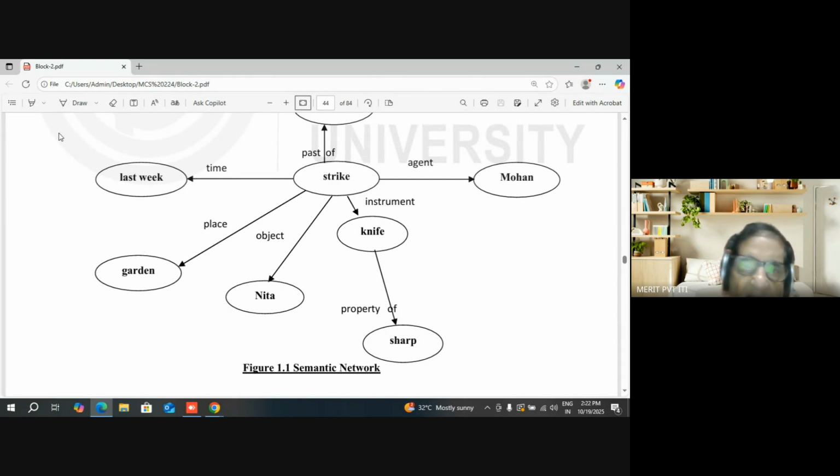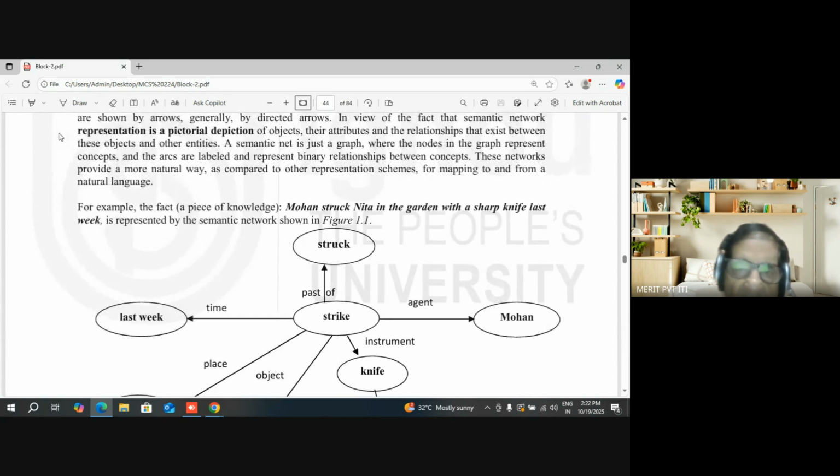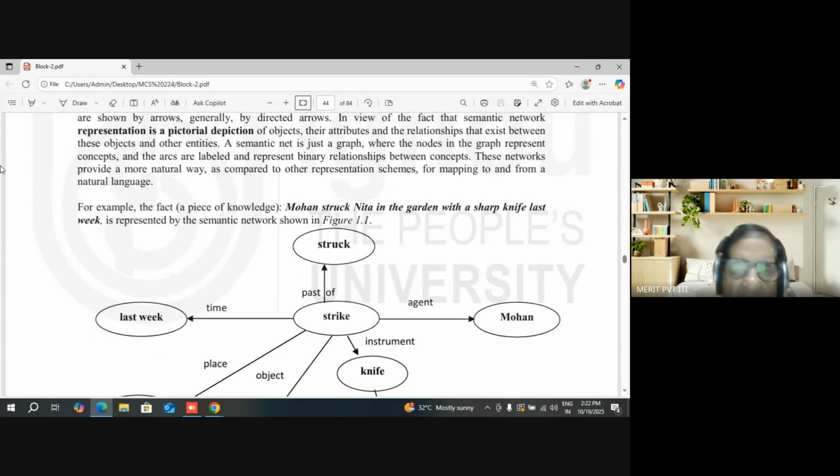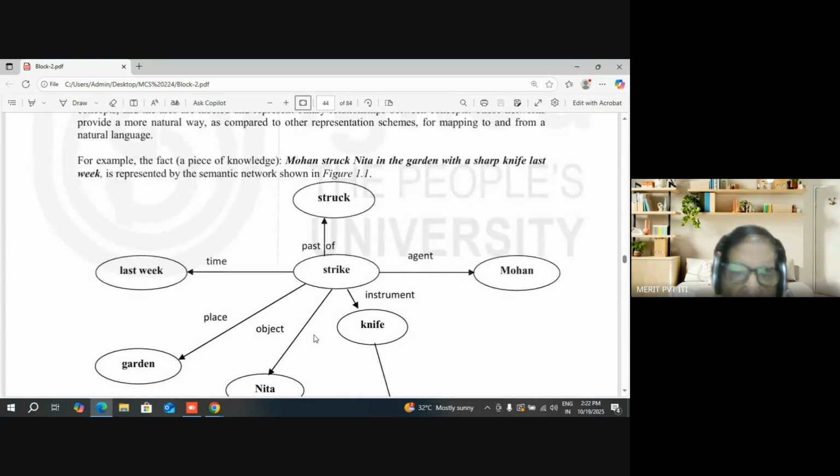Sharp knife was struck to Nita last week in garden. So that's what the complete diagram shows. Mohan struck Nita in the garden with a sharp knife last week. So all these aspects are symbolically represented here.